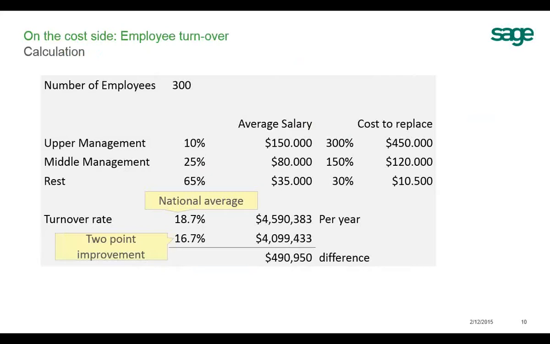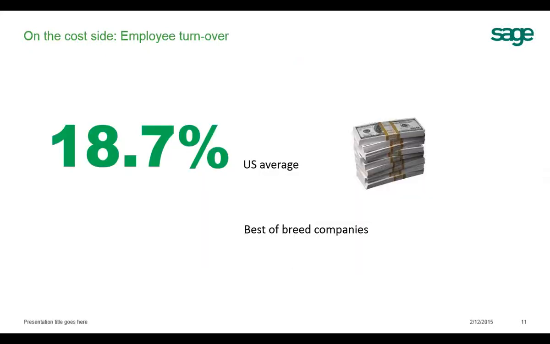What we've seen in the past couple of years is that it's hard to find employees, hard to find good employees for sure, and hard to find employees just in general. 18.7% is the U.S. average employee turnover, and for best-of-breed companies it's only 5%. So if you are a highly functioning best-of-breed company, you might have 5% turnover instead of the U.S. average of 18.7%.